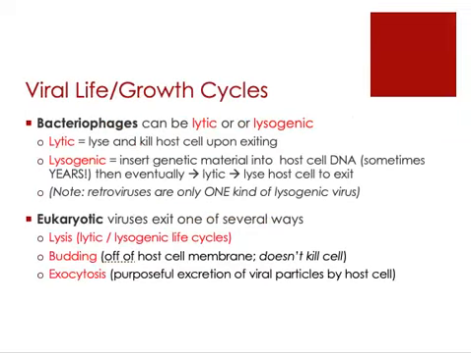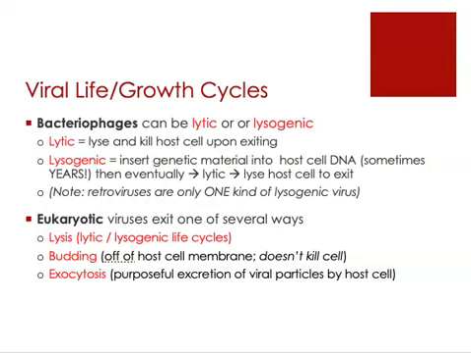So let's talk a little bit about what happens inside the host cell. We've talked about how the virus gets into the host cell by binding to a receptor. And we've talked about how the host cell makes copies of the genetic material and builds the viral proteins so that new viral particles can be made and then leave the host cell and go on and infect other cells.